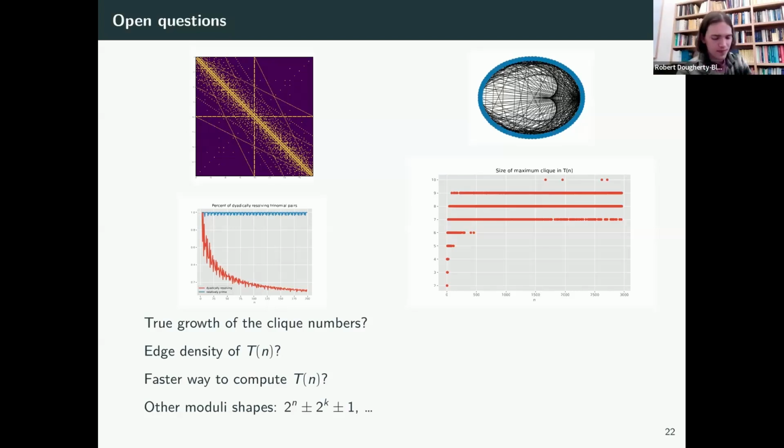And x to the n plus 1, it turns out, is a better choice of moduli than x to the n minus 1, which is recommended in Don Knuth's volume. Those are Fermat polynomials, x to the n plus 1, always dyadically resolved. Any pair of relatively prime binomials is dyadically resolved.